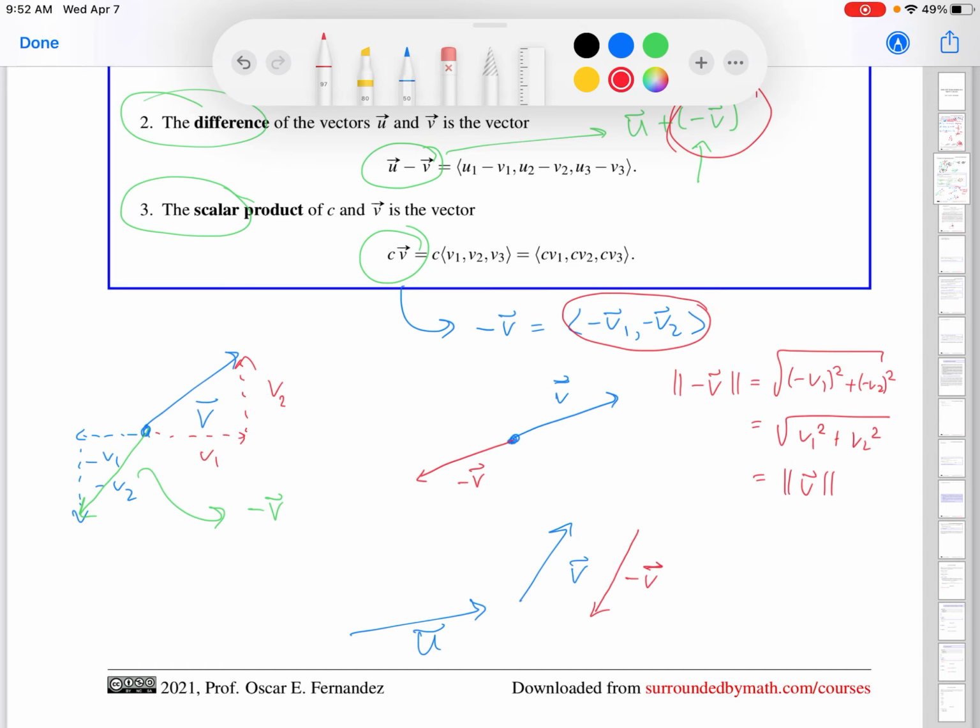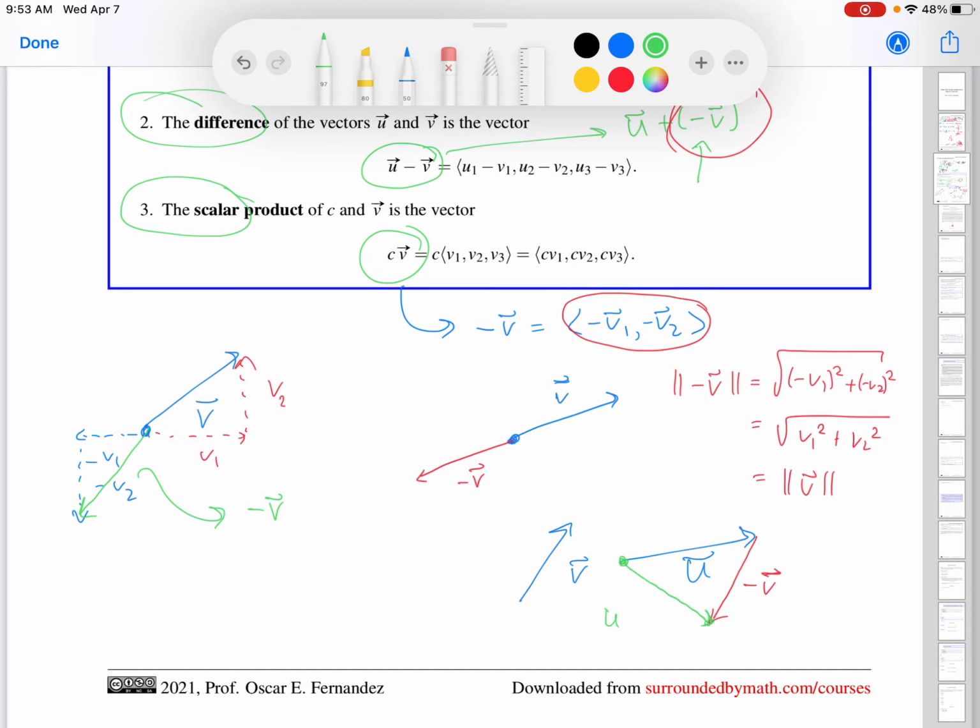Then, based on what we just talked about for adding vectors, I would put the initial point of this new vector at the terminal point of u. There are various ways to do that. I'm going to move this over here, and I'm going to move this over here. And there we go. That's one way to do it. And then I draw the vector that goes from the initial point of u to the terminal point of this second vector.